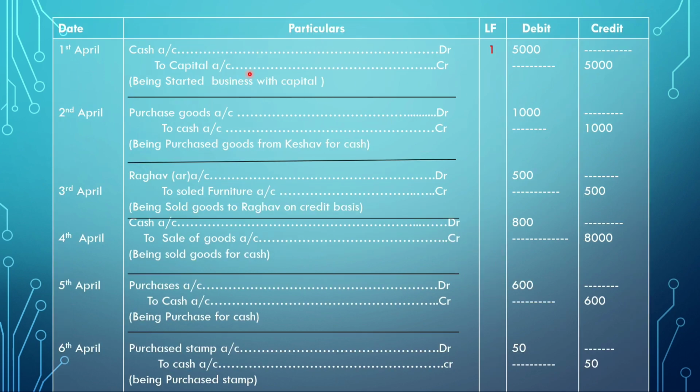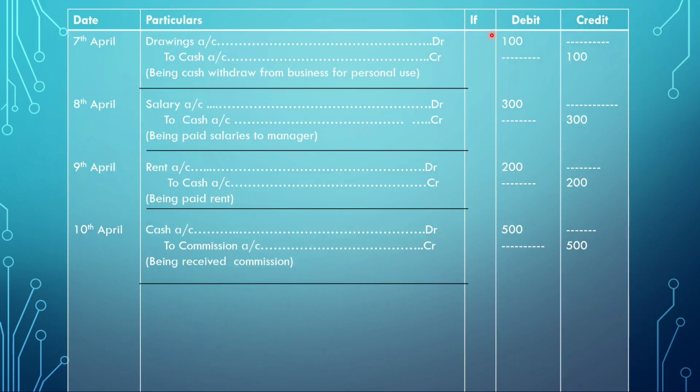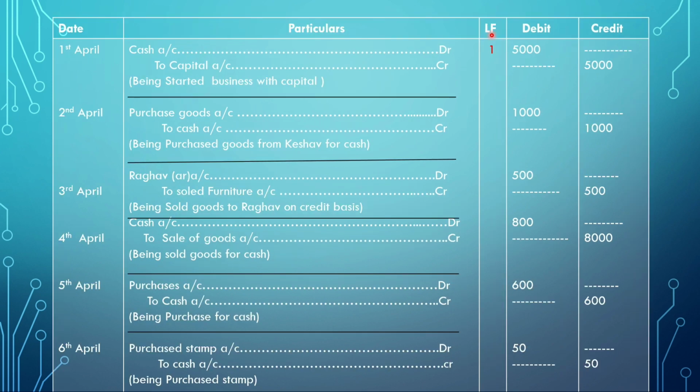First we will open the cash account as the first ledger account. Here you can observe the transaction happened on the 1st of April. The journal entry was cash account debit to capital account credit.